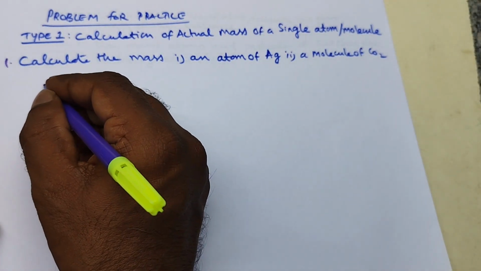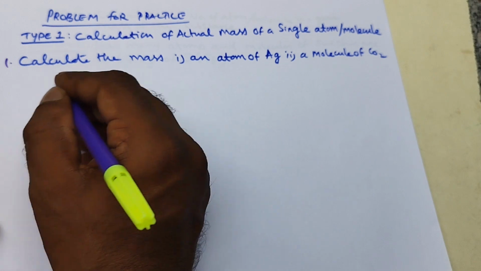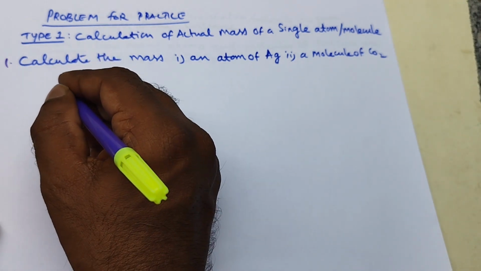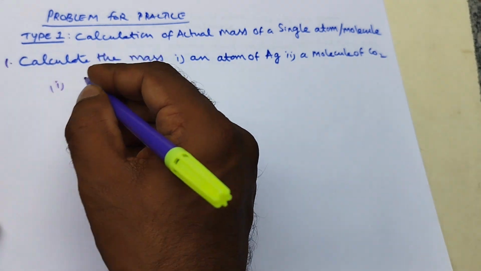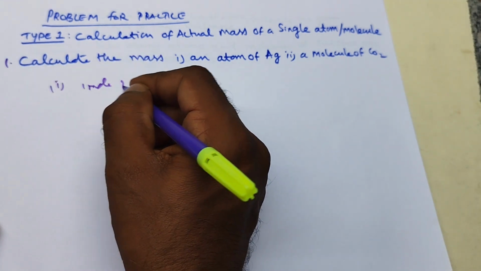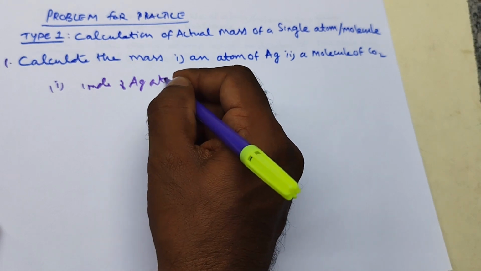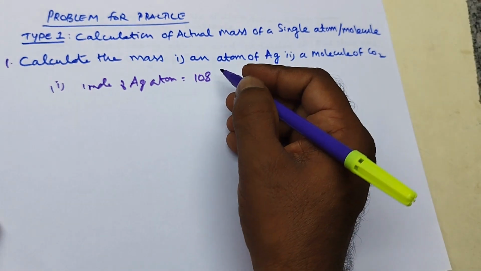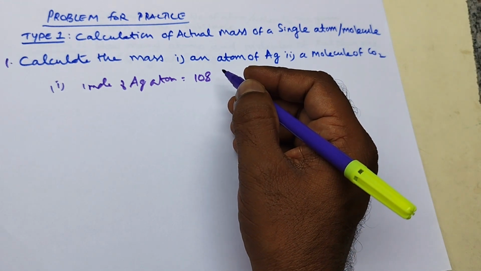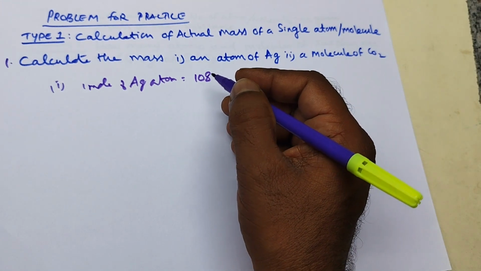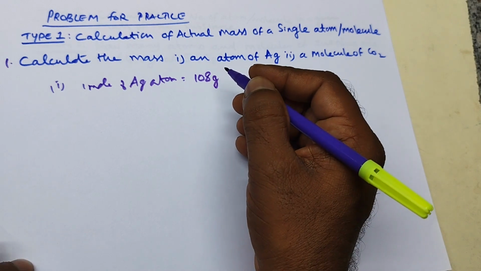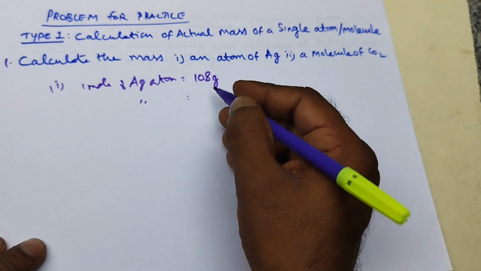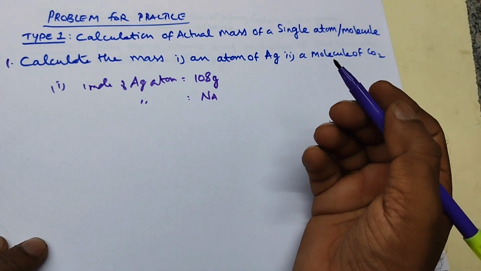First you have to recall the atomic mass of silver atom. 1 mole of silver atom has mass number 108. Normally we express it in unified mass, u, but if it is a mass we say grams, 108 grams. Same thing, 1 mole of silver atom contains Avogadro number of particles.